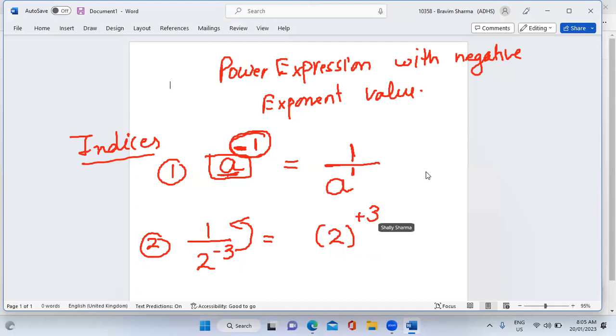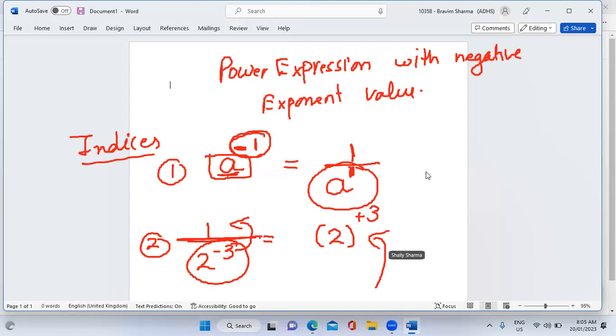So if the negative exponent is in the numerator, you bring the whole power expression to the denominator and make the exponent positive. And here the power expression which had a negative exponent was in the denominator, and we brought it to the numerator. Now you can write divide by 1, but there is no need of writing 1 because if the denominator is 1, we can skip it. So this is 2 raised to the power of 3.